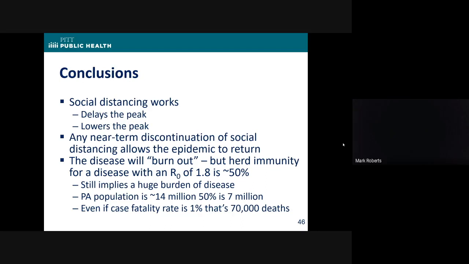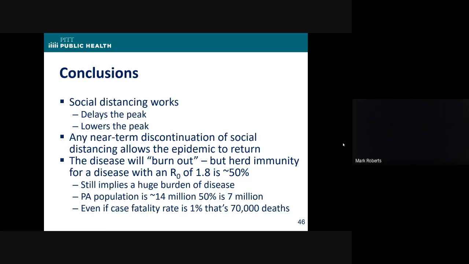So our conclusions about COVID-19 are that social distancing is really important: the more adequate it is, the more it delays the peak and lowers the peak. We happen to believe, although there are people who disagree with this, that any near-term discontinuation of social distancing allows the epidemic to return.